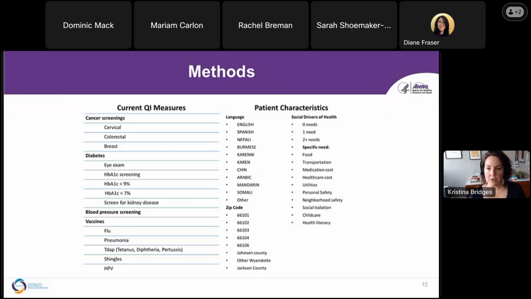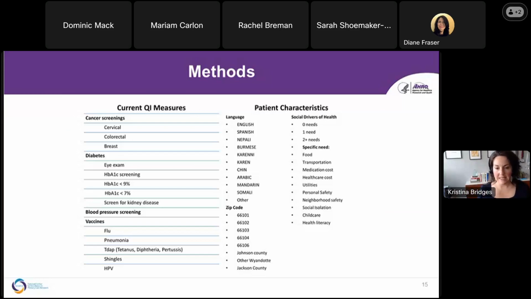We have 3 cancer screenings, 5 measures for patients with diabetes, blood pressure screening, and 5 different immunizations that we check for annually: have eligible patients had these screenings? For each metric, the dashboard includes only those patients who are eligible, and then reports the percentage of eligible patients who have met that recommendation for the year.